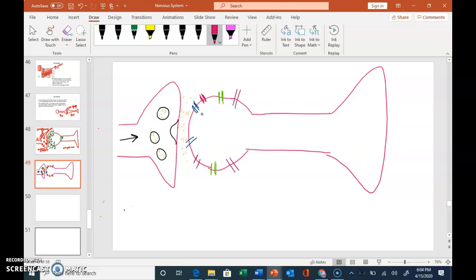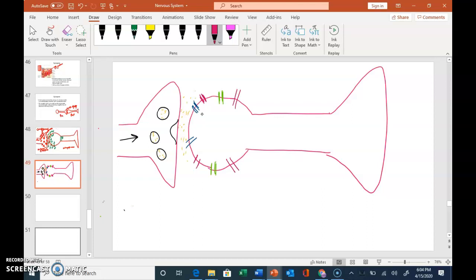It can also open up potassium channels, and in that case, potassium will leave the cell, because potassium, remember, we have more potassium inside the cell as compared to outside.